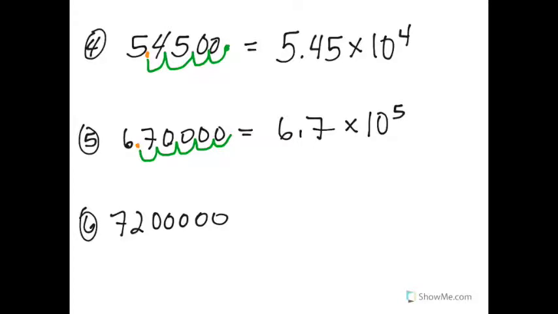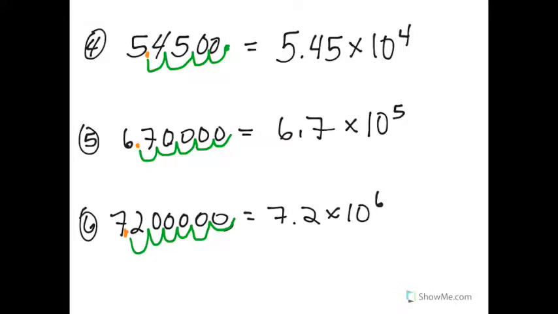Okay? Number 6, we'll do the same thing. Put the decimal point right here to make it a single-digit number. And our decimal point was moved 1, 2, 3, 4, 5, 6 places. So this is equal to 7.2 times 10 to the 6th power.